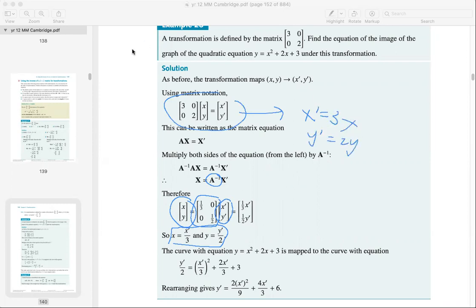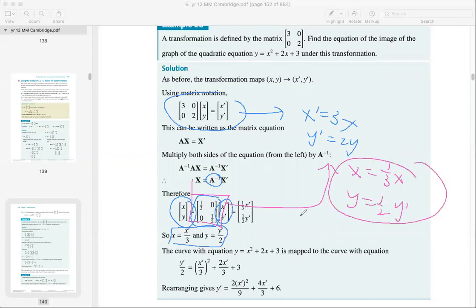So essentially, this inverse function just helps us do this step. So it becomes x equals 1/3 x dash and y equals half y dash. So the inverse function just helps us make x y the subject again, instead of the old-fashioned way with x dash and y dash.